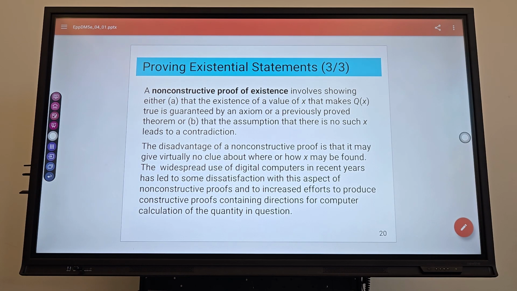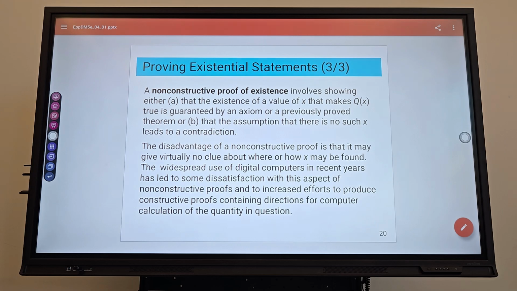A non-constructive proof of existence involves showing either (a) that the existence of a value of x that makes Q(x) true is guaranteed by an axiom or a previously proved theorem, or (b) that the assumption that there is no such x leads to a contradiction.